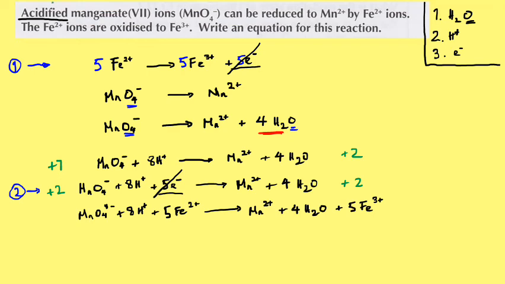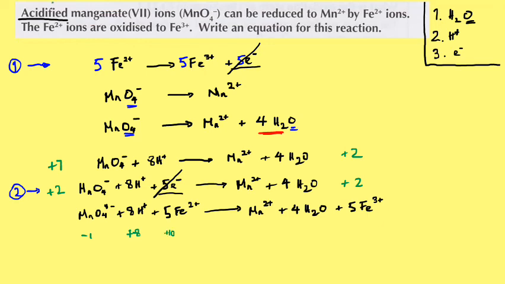But one last step to do is to check our charges on either side, because if the charges don't balance, we've done something wrong. So let's check our charges. Go back to green. So on this side, the manganate is going to be -1, and the 8 hydrogens are going to be 8 positive, +8, let's call it. And then we've got 5 of these 2 plus ions, so that's 10 plus altogether.